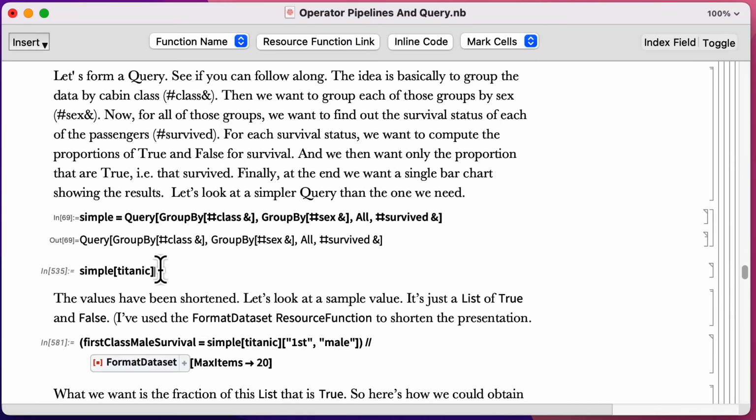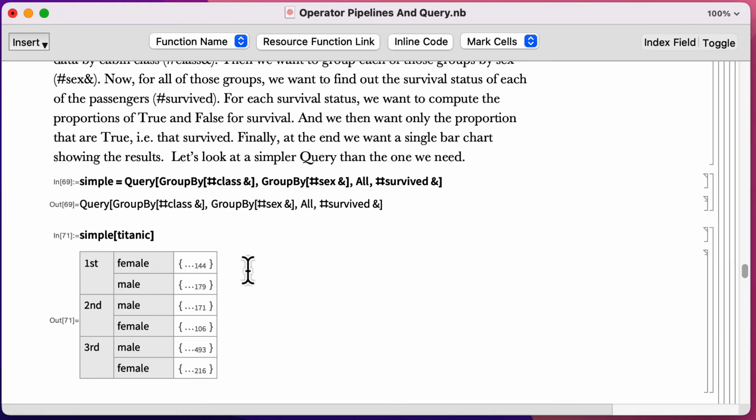All right, if we run this against the Titanic, you can see that we've got here sort of the top level groupings. Here's the second level grouping. Notice it's not sorted. There's an inconsistency in the order. That's fine. And here are the people, the survival data on each of them.